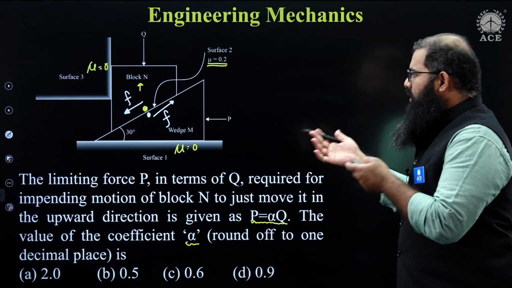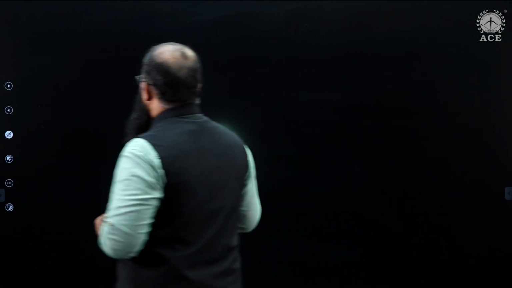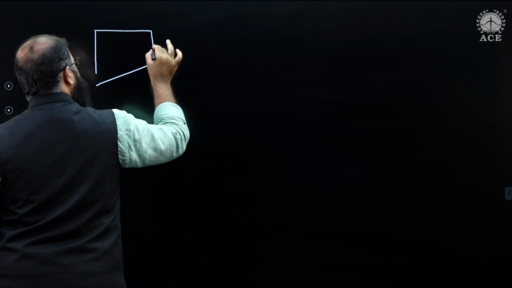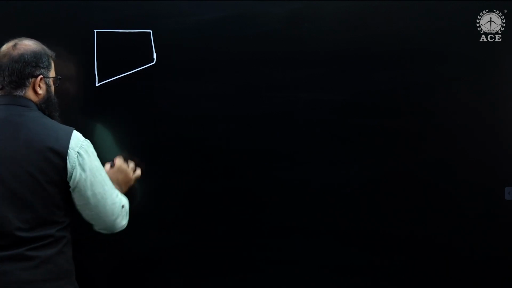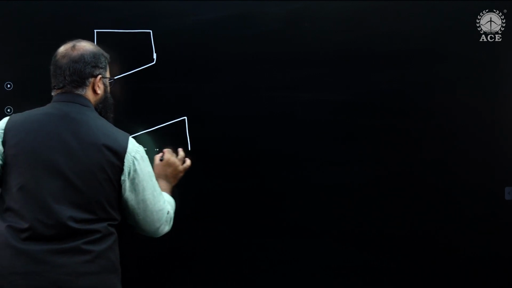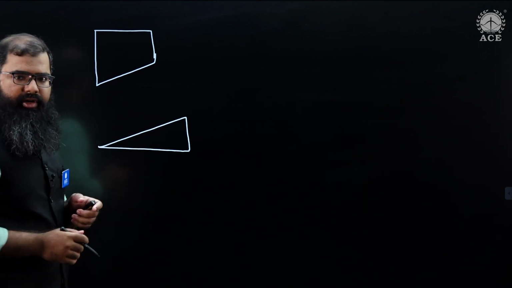Let us draw the free body diagram now. Let us say I have the block over here, and I have a habit of drawing the mating bodies together so that you can understand the free body diagram better, right?